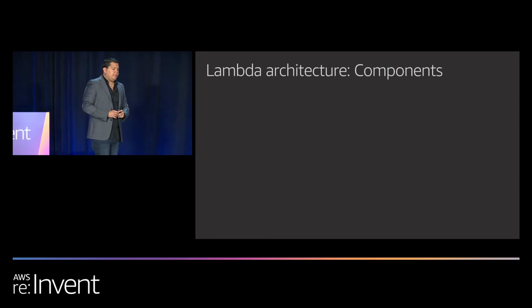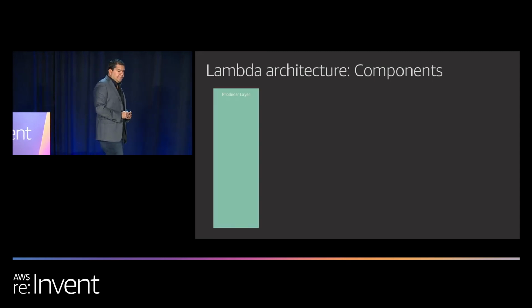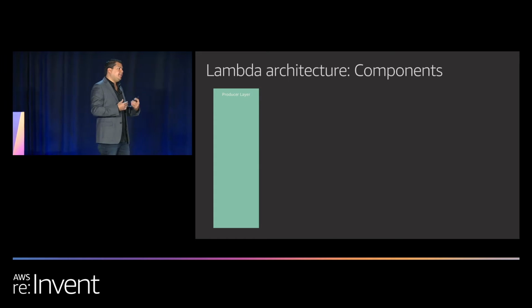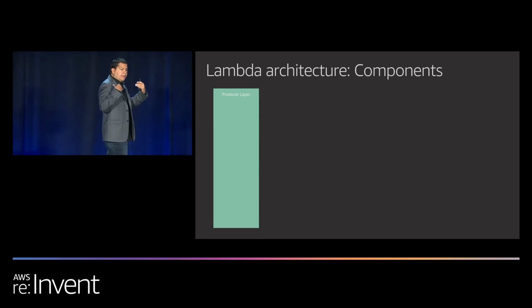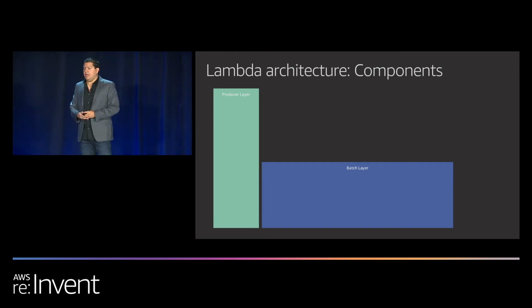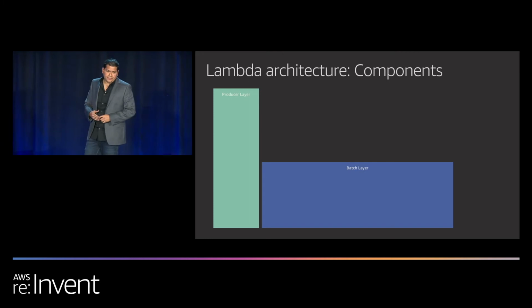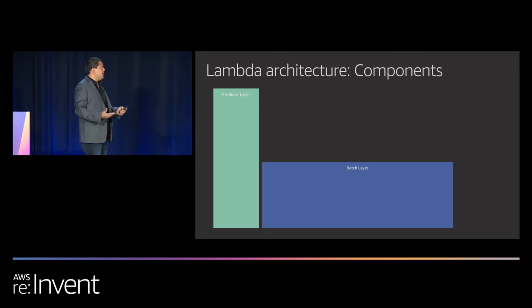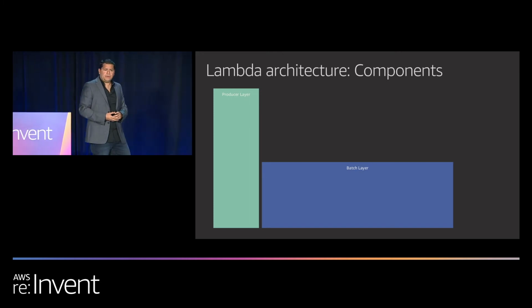The Lambda architecture has these main components. We have the producer, which are the clients that are generating data, that are appending to this stream. We also have the batch layer, and this is where EMR sits. This is where Redshift is. This is where maybe a relational database could also be found in this pattern.